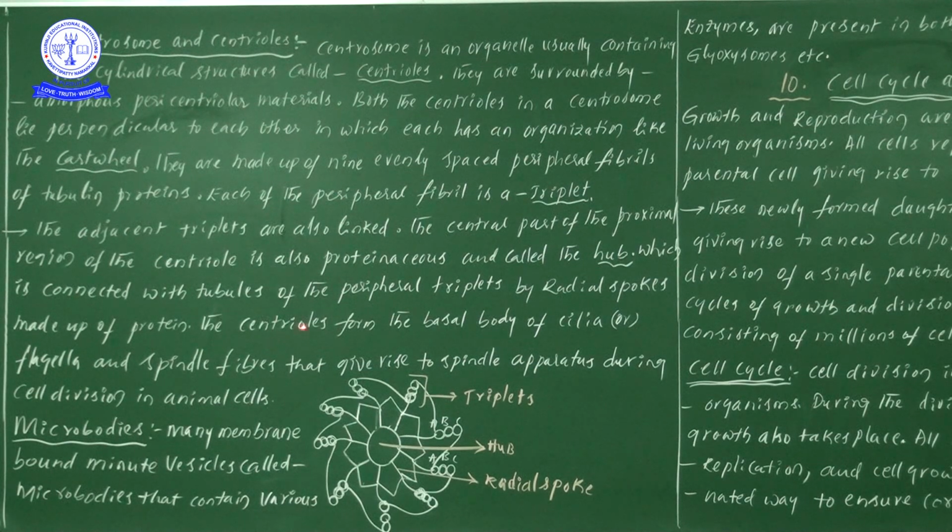Next one, centrioles form a basal body of the cilia. Now here the main important explanation we are entering. Suppose centrioles are there, so where do these centrioles help us? These centrioles form the basal body of cilia or the basal body of flagella. While explaining Cell: The Unit of Life chapter introduction, we have seen the flagella structure.